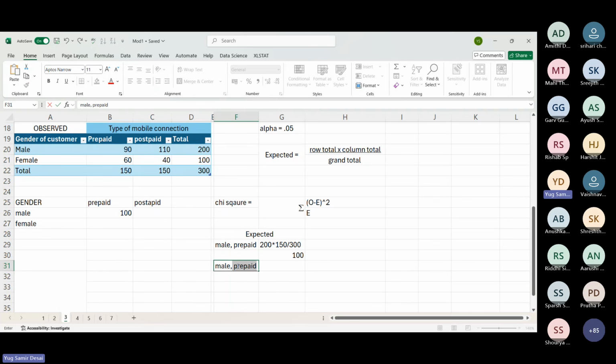So male and postpaid, it should have again been 200 into 150 divided by 300. That would have again given us 100.